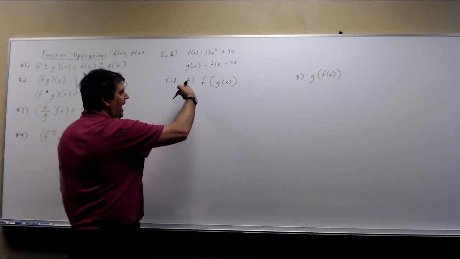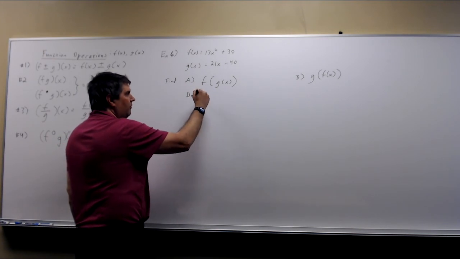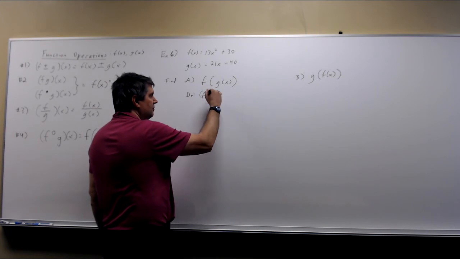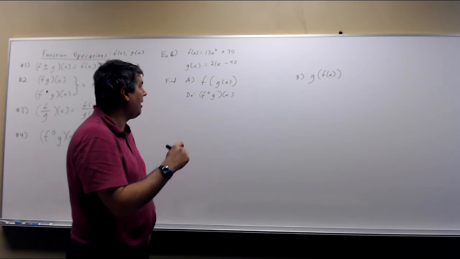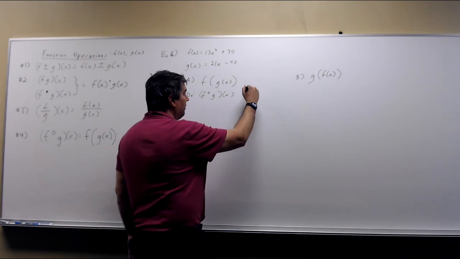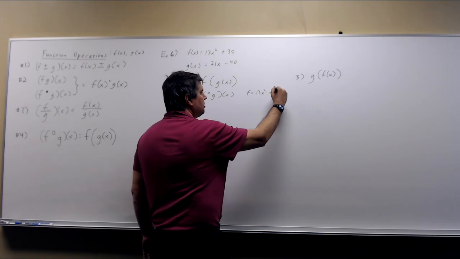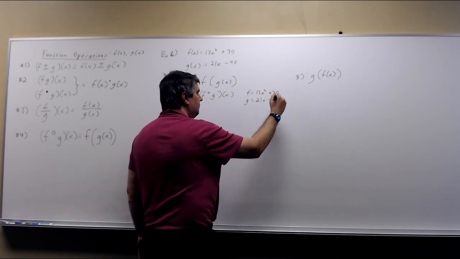All right, so A asks for f of g of x. Well, folks, this is just simply f of g of x. That's it. Okay, it's the same type of problem. So I would start with f equals 13x squared plus 30, and g is 21x minus 40.